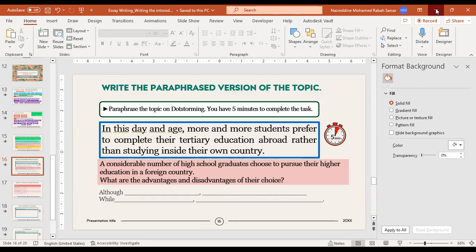Many students prefer to complete their high school abroad rather than studying in their own country. Although students can reap the merits of studying in a different country, such as communication and self-esteem, while learners can demerit studying in their country. Who came up with this?